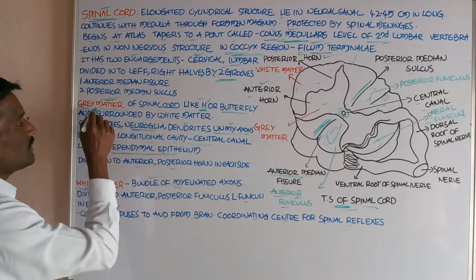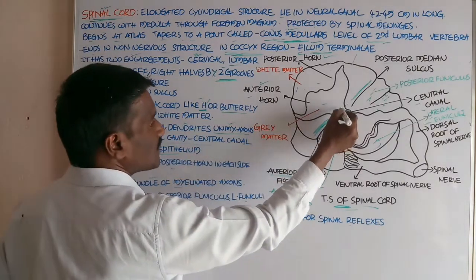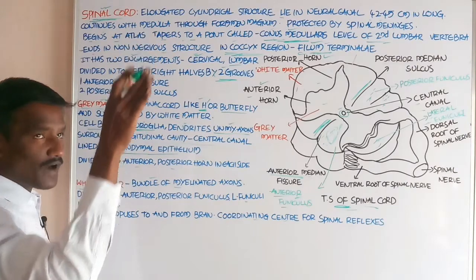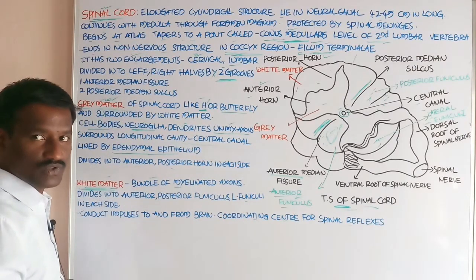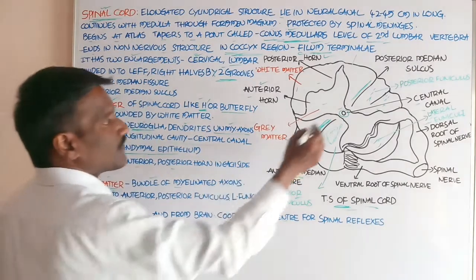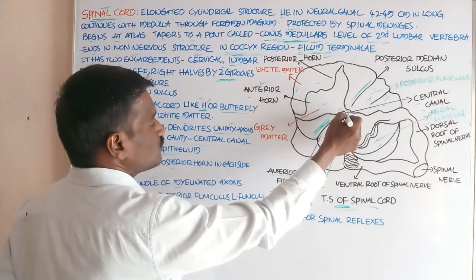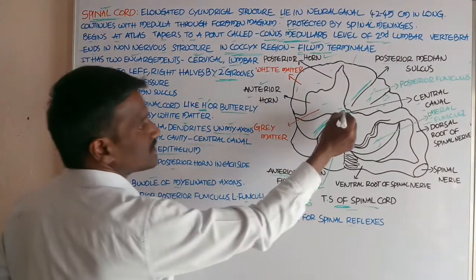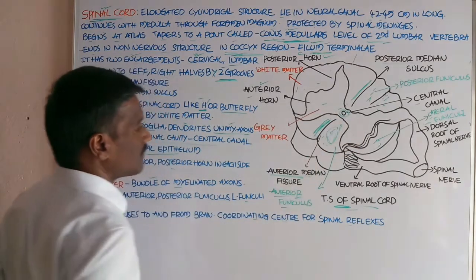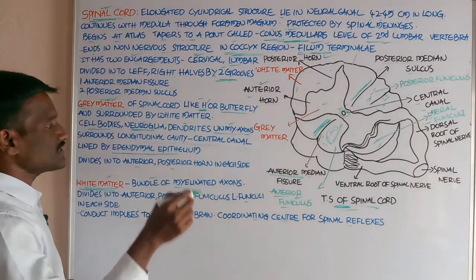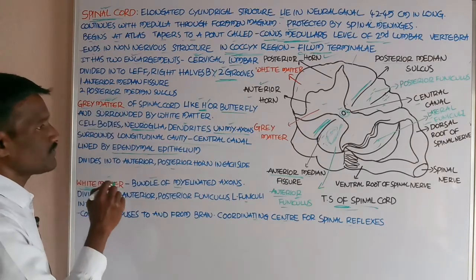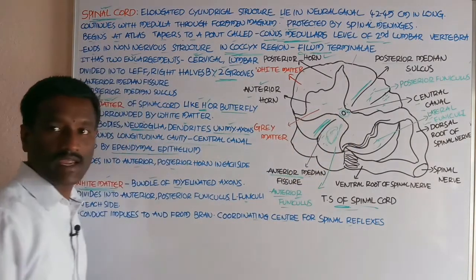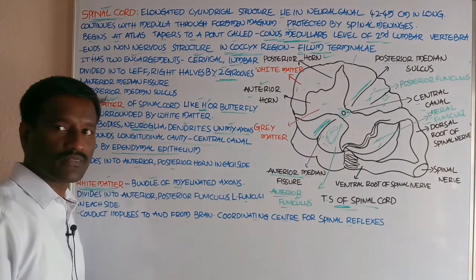Next, the gray matter surrounds a longitudinal cavity, a longitudinal aperture-like structure throughout the spinal cord. That is called the central canal of the spinal cord. It is surrounded by gray matter, and the central canal is lined with ependymal epithelium.